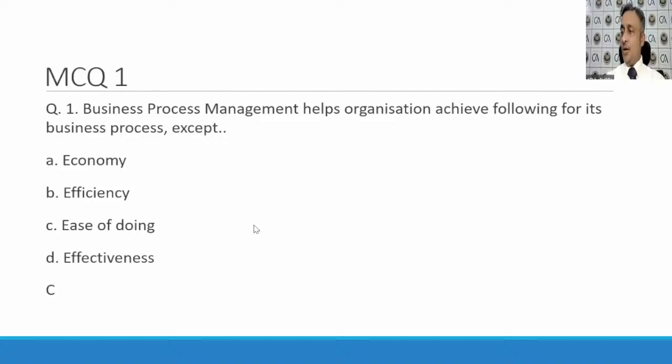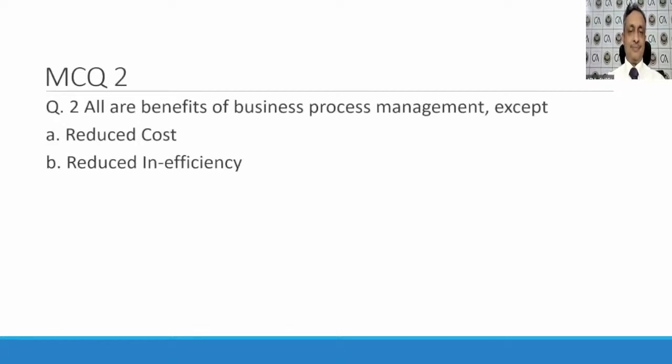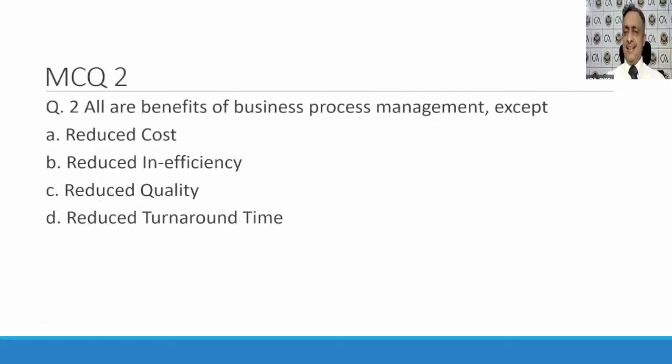Ease of doing business. Good. Great. Next MCQ. The idea is to test the way you read the question. So now you are answering MCQ number 2. You can say 2 and then give your answer. First C. Yeah.